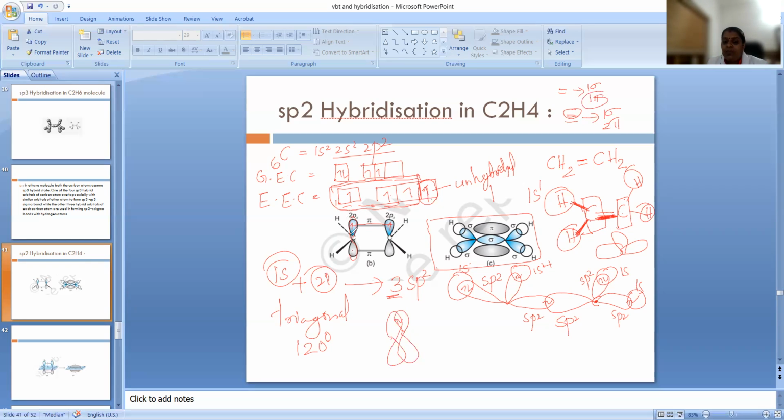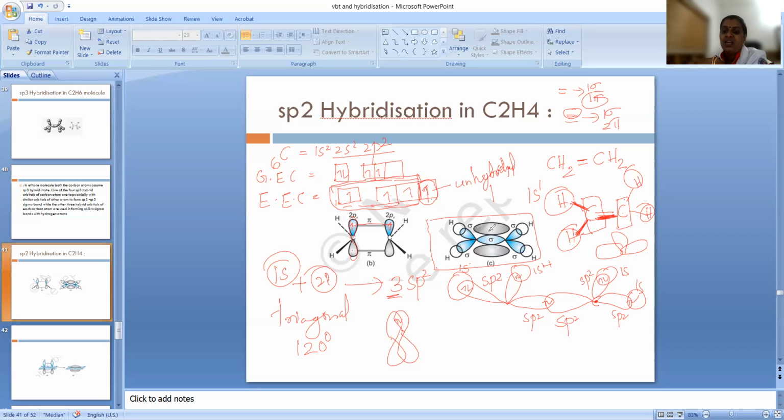So what will happen? We cannot see an electron up or down, but we can see electron density up and down. Okay. So it is just like a sandwich. Two breads, and in between we put some vegetables, right? The sigma bond is the vegetable, and the up and down are the bread, like the pi bond. The pi bond is like the bread, and in between, the sigma bond formed is like the vegetables.